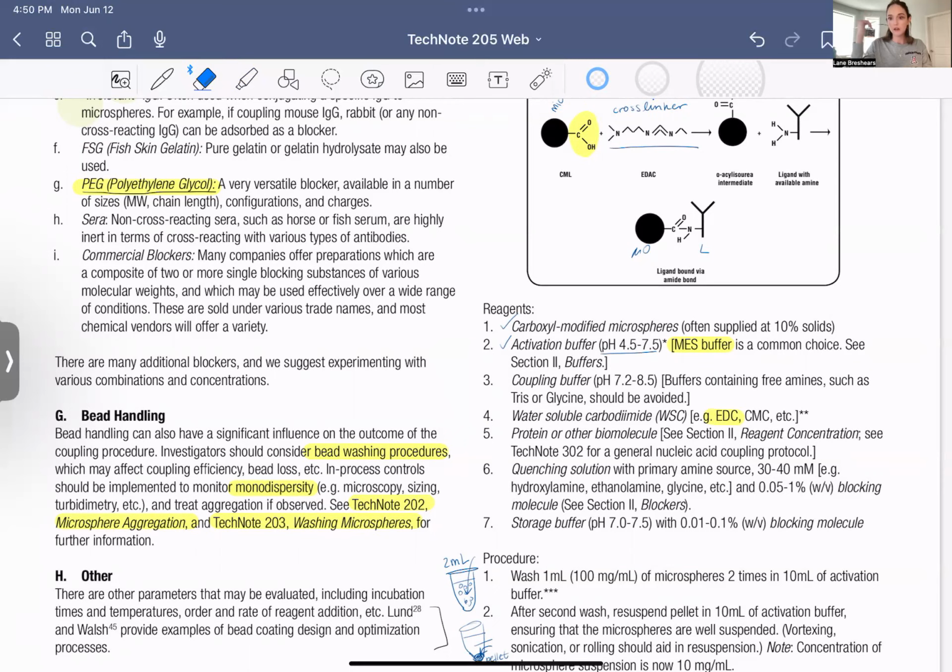That's just the nature of it. Even if you've used blockers and even if you've thrown in the Tween 20, you can still get self-aggregation. So this is where you use bead washing procedures. It's called a soft wash, and it basically just takes out any pesky little clumps that are sticking around. So you should always be doing that at the end of your experiment, and I will go through that in the protocol video.